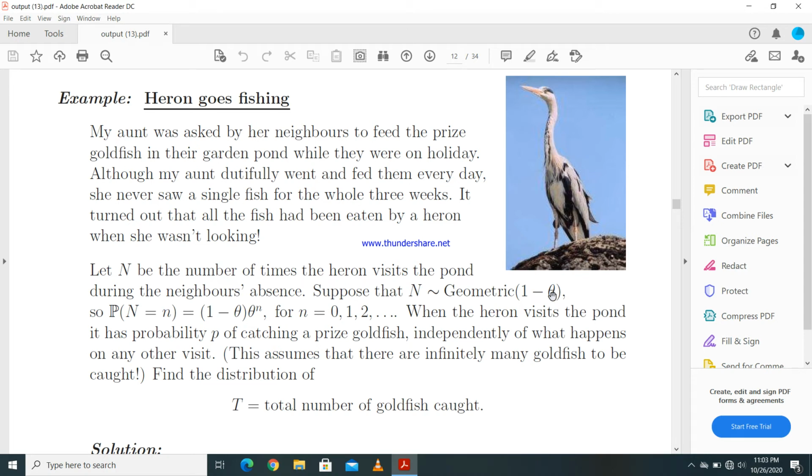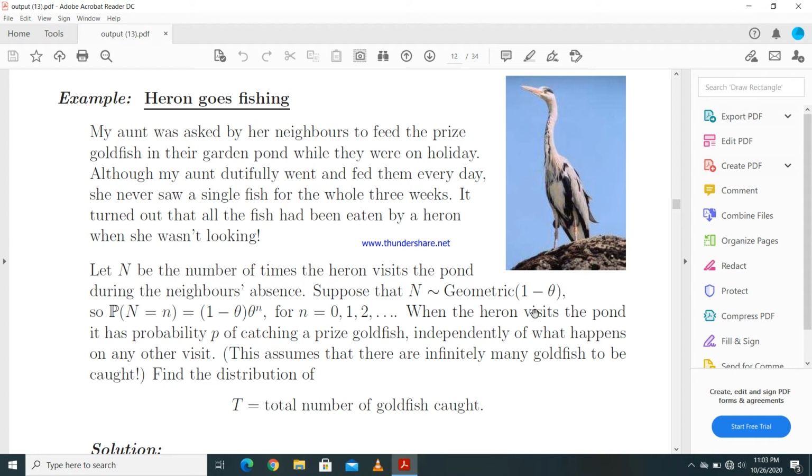Why? So what is this 1 minus theta? In this case, it is assumed that the probability that this heron can find a fish in the pond is theta. So the heron is continuously visiting the pond until the heron can find at least one fish, right?